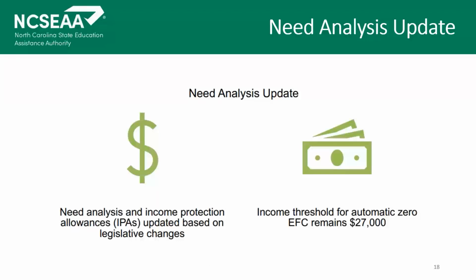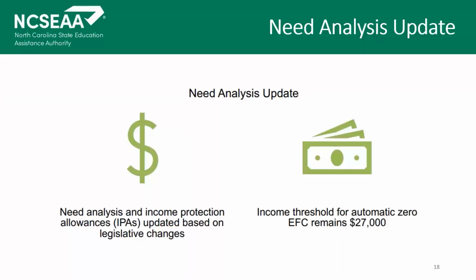So for instance, this year, for housing, they've allocated 22% of income. With a household size of 4, with 2 in college, an example for the income protection allowance is $26,830 that's protected when they're determining a student's eligibility for aid.